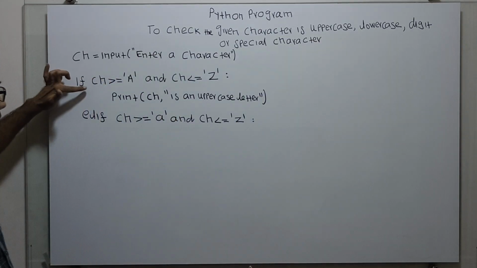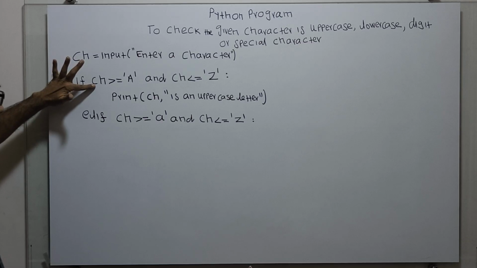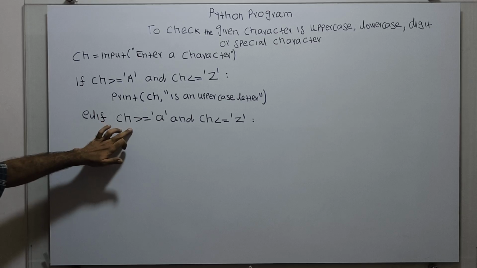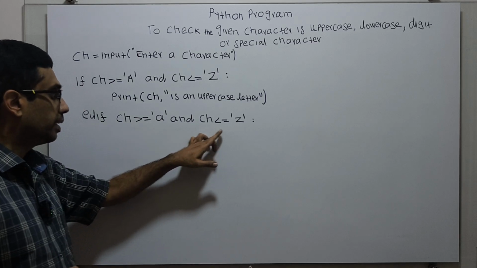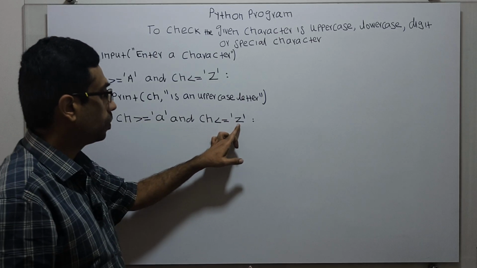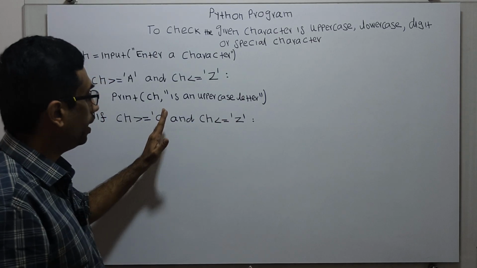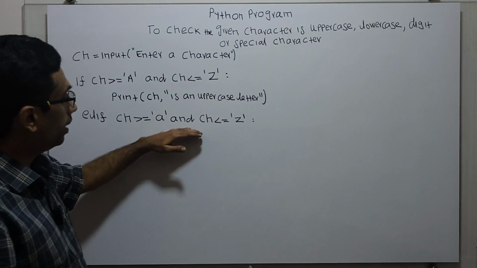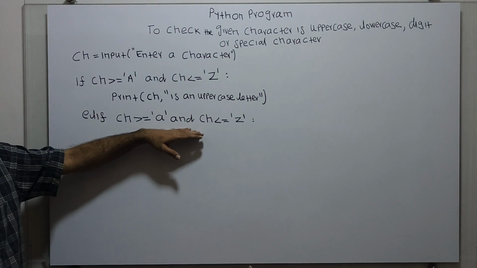If the first condition is false, then only the control will come to this elif and check this condition. If this is true, the character is in the range of small a to small z. If both conditions are true, the and logical operator returns true.